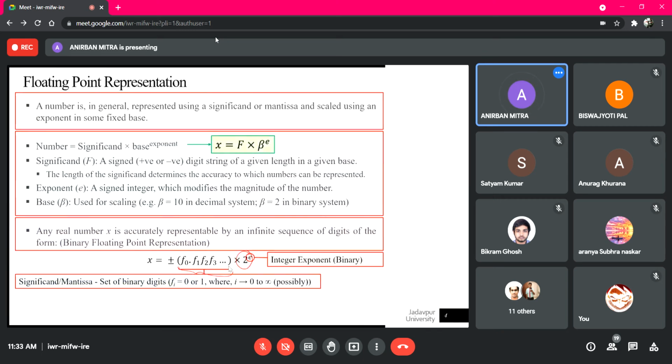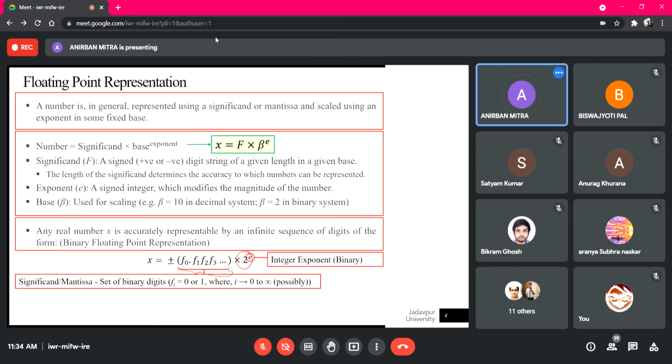Remember that whatever we are using as the system for the significand, it has to be reflected in the other parts also. You cannot have a representation where the significand is in binary form, whereas the exponent is in some other form, say decimal form.